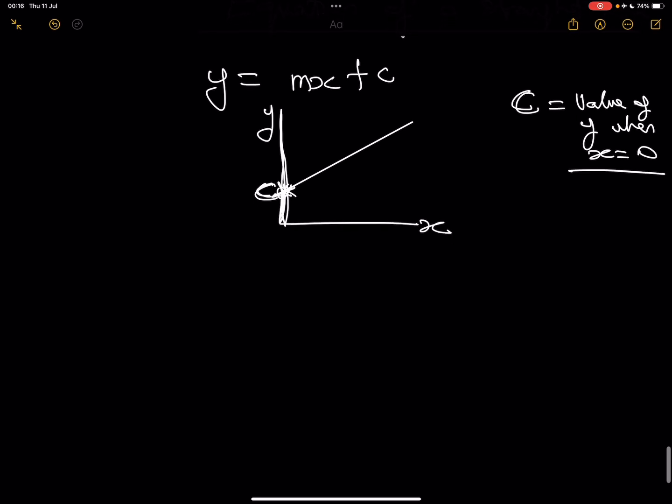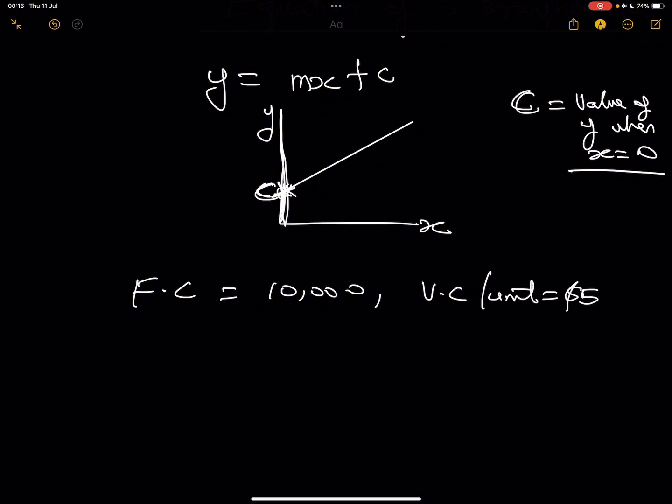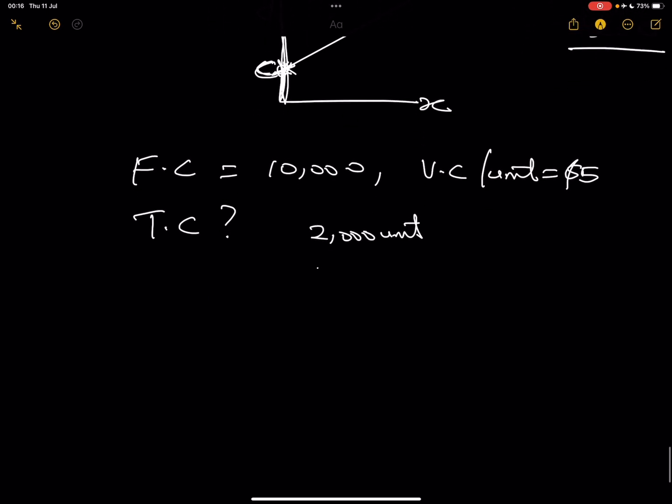But first of all, let's practice something. If fixed cost is equal to 10,000 and variable cost per unit is equal to $5, now let's find the total cost at these levels of activity: 2,000 units of production, 3,000, 5,000.